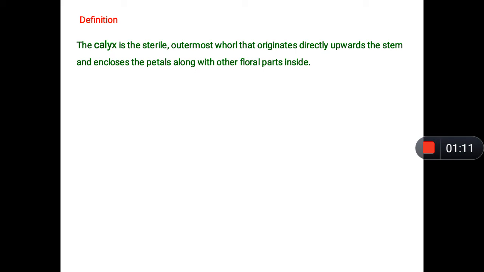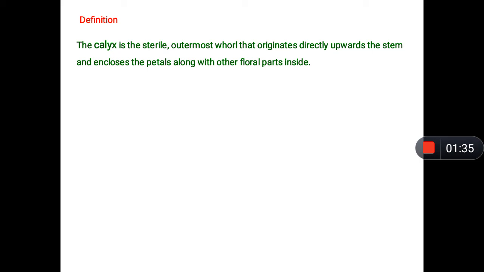So simply we can say calyx is the sterile outermost whorl. That means it is one of the outermost whorls which includes all other whorls like corolla, androecium and gynoecium inside it. It covers all other floral parts and it originates directly upwards the stem.